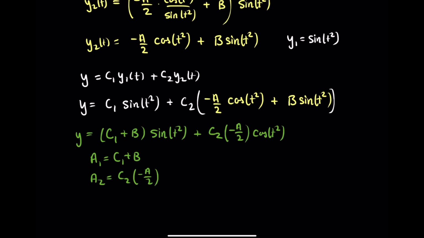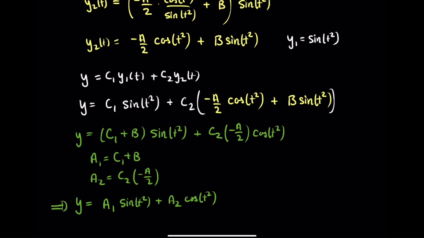And therefore your general solution in its simplest form is A1 sine t squared plus A2 cosine t squared. You can see that this is written in the simplest form.